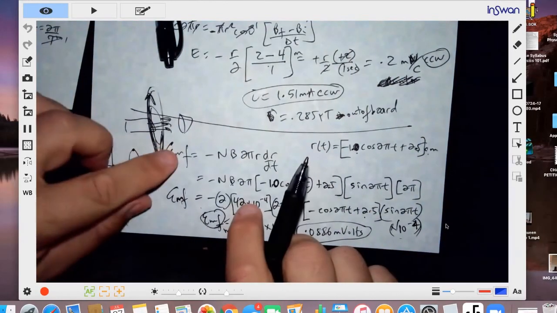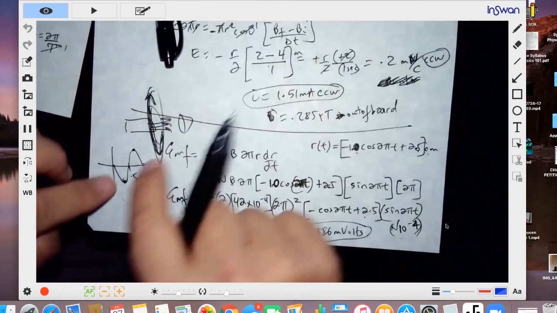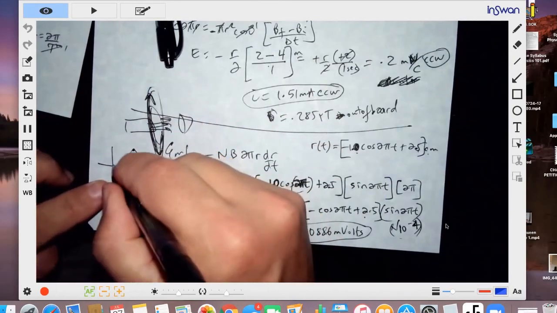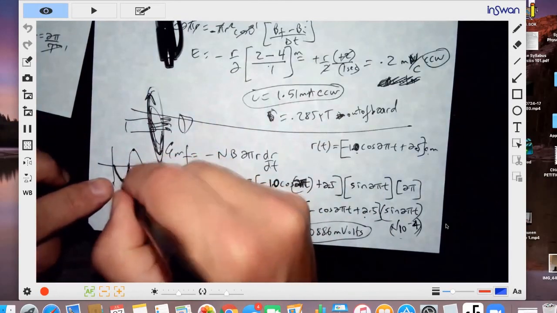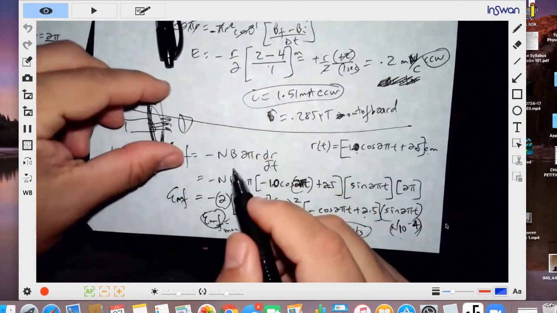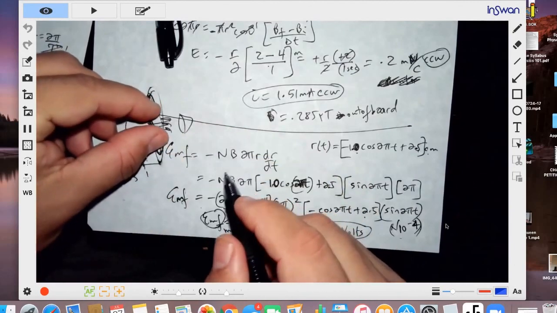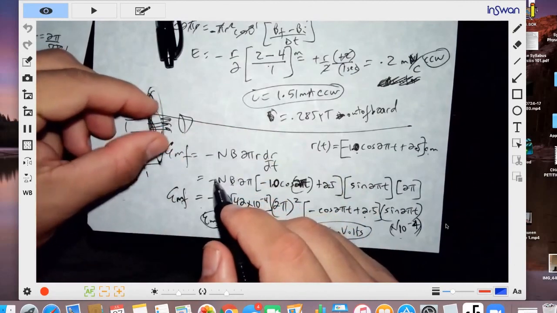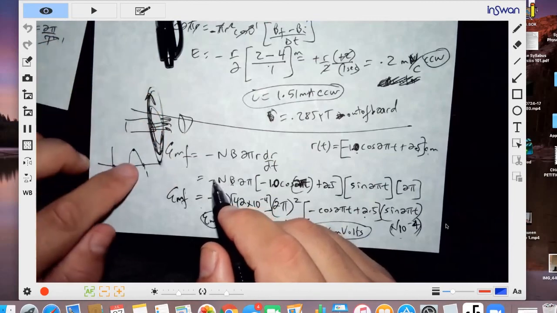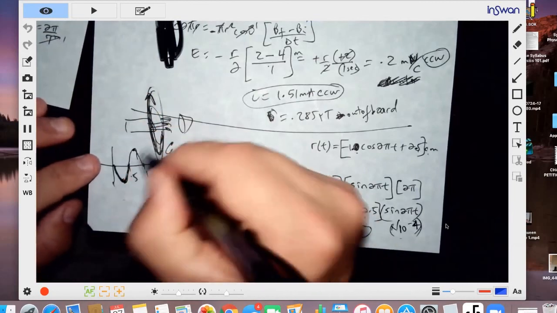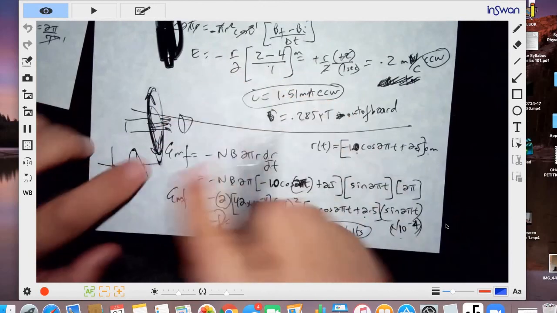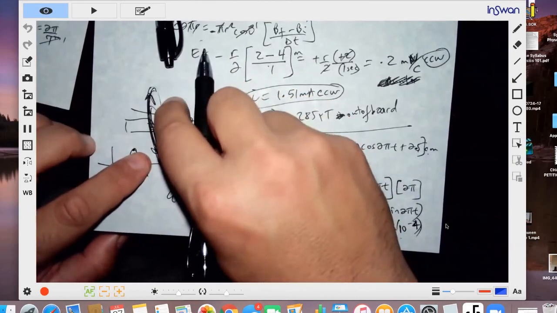So that current should be registered as a negative current. Yep, makes sense. But then when the radius starts getting smaller, oh no, then it says, I'm going to fight against it. You're decreasing it. So then it produces a positive voltage, which means the current reverses direction. So first this way, then this way.